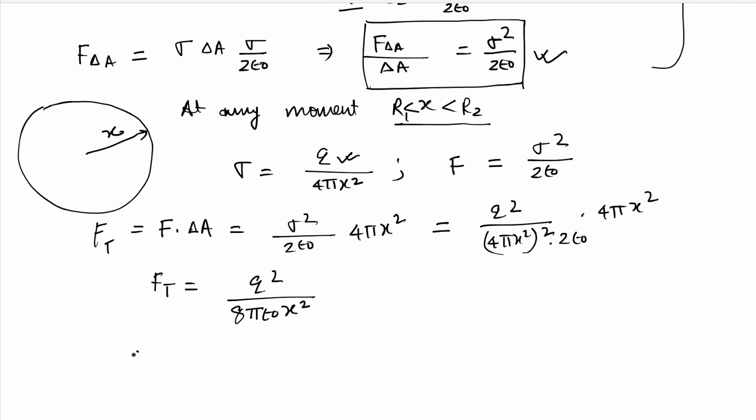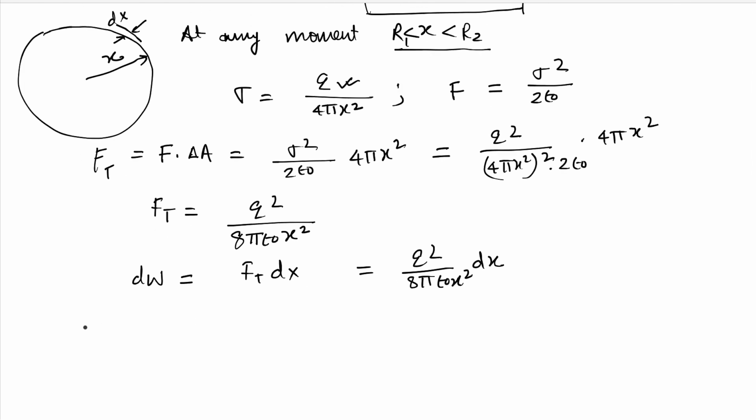Therefore, the work delta W that we need to do to go from x to x plus dx will be Ft dx, and that will be q square by 8 pi epsilon naught x square dx.